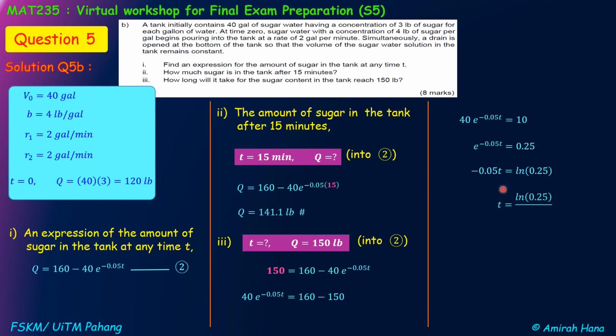So t equals ln 0.25 over negative 0.05, which equals 27.73, and we put the unit minutes here because the unit given in this question is minutes. So the time taken for the sugar content in the tank to reach 150 pounds equals 27.73 minutes.